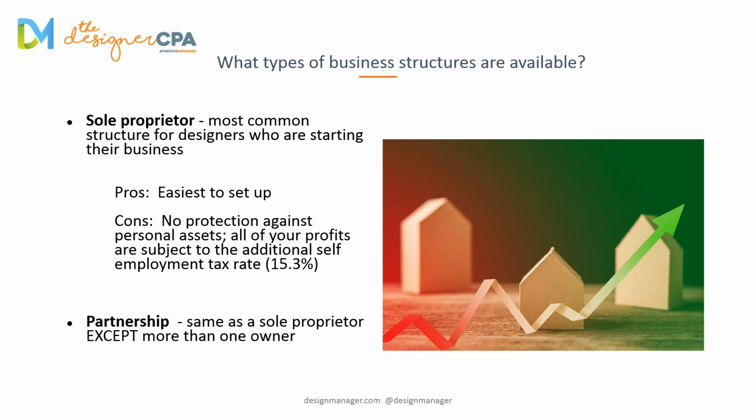But some of the cons of the sole proprietor: there's no protection against personal assets, and all of your profits are subject to an additional self-employment tax rate of 15%. So you have your regular income tax rate, whatever that is, when you file your tax return. So just to go over this, because I see this a lot with people who are starting out. When they elect to be a sole proprietor, they think, well, I have a business, therefore I must need a business tax return done.